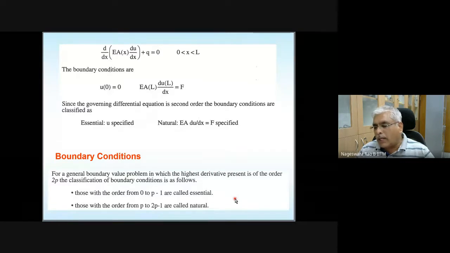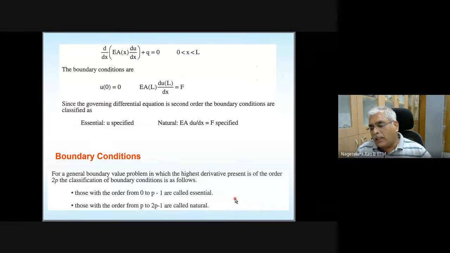What kind of beam is that? Is that a simply supported beam or a fixed beam? How do you mathematically convey that? You will be conveying in terms of displacements and rotations. So displacements and rotations are essential for a beam problem. What about the boundary conditions which are second and third order?